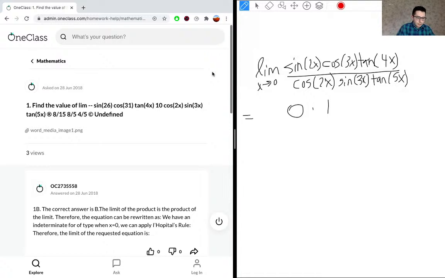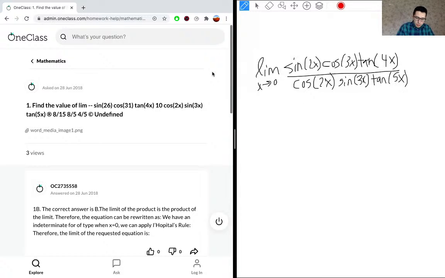Tan 0 would just be 0. And then we have cos 0 would be 1, sine 0 would be 0, tan 0 would be 0. So we get 0 over 0, which is undefined. So here we would be incorrect to say it's undefined. We have to follow a different process to find the limit.